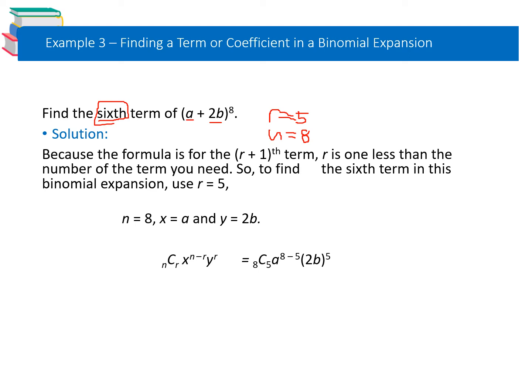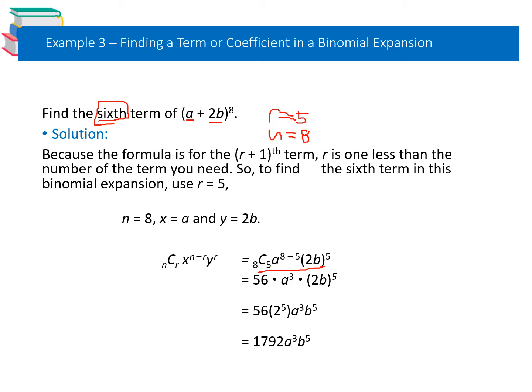Simplify this: 56 times a raised to 3 times 2b raised to 5. So, 56 times 2 raised to 5 times a raised to 3 times b raised to 5. Simplifying further, the answer is 1,792 a cubed b raised to 5. That's how easy it is. Okay?